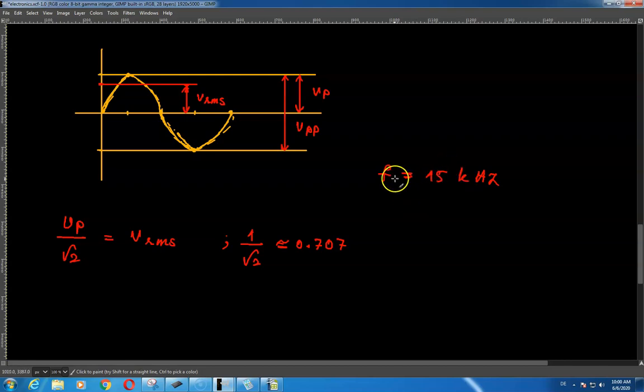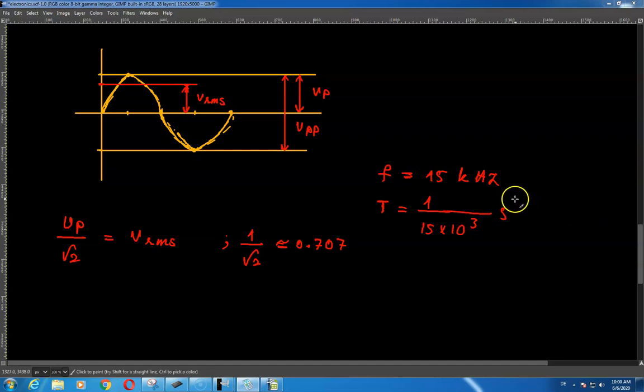That means that your period is the reciprocal of this in seconds, meaning 1 over 15 into 10 raised to the power 3 seconds. 1 over 15 is the same thing as 0.0666, and so on and so forth, right?